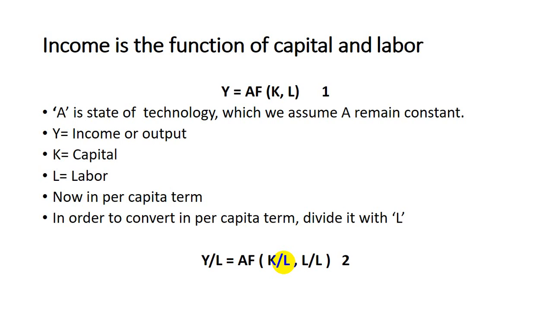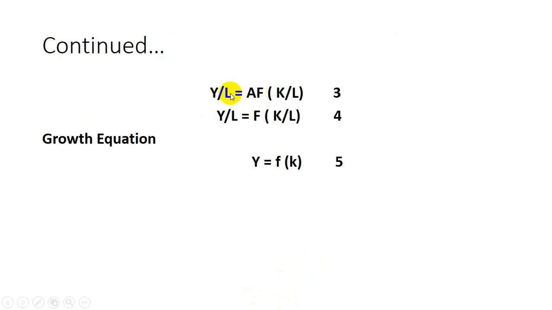And when we divide L by L, the L's cancel out with each other. Now the leftover part of the equation is Y/L, output per worker, equal to AF of K/L, the capital labor ratio. Here we have assumed that A is constant.